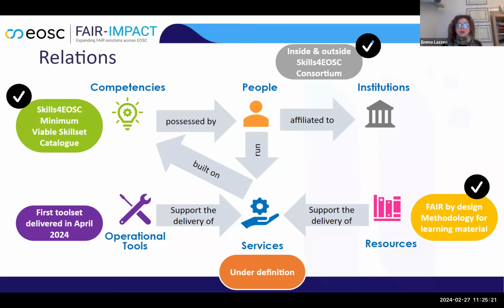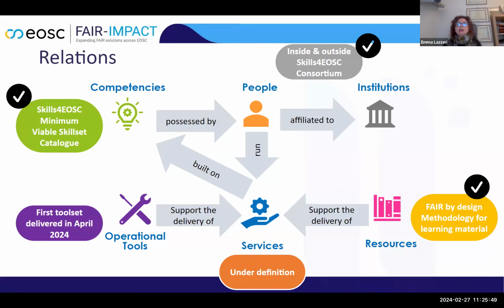The people in the competence center, of course, are running services for their local community that are built on the competencies that the competence center has. To run the services, the CC needs operational tools that are supporting their delivery.